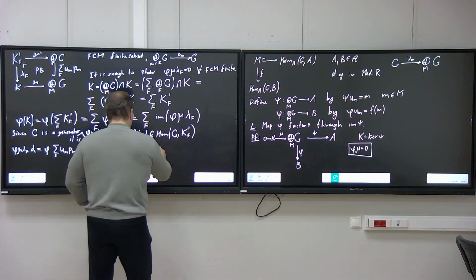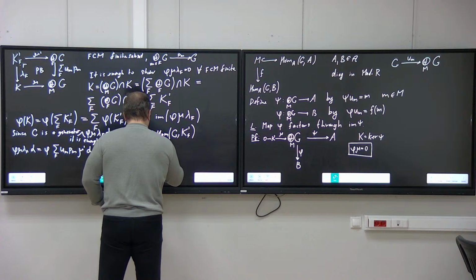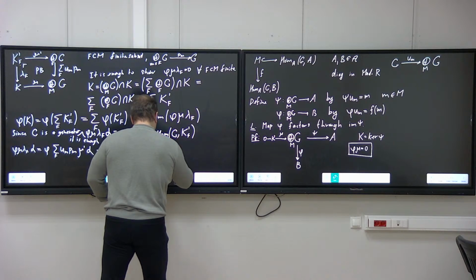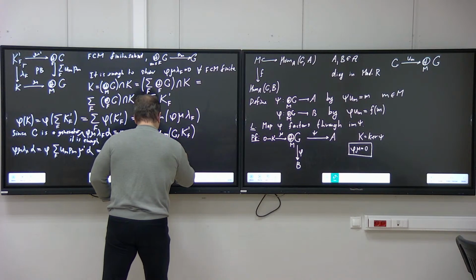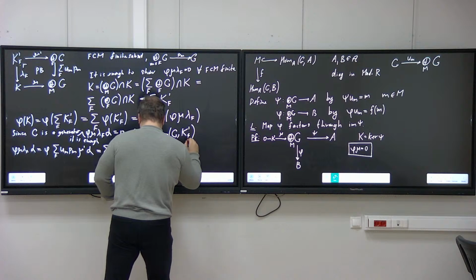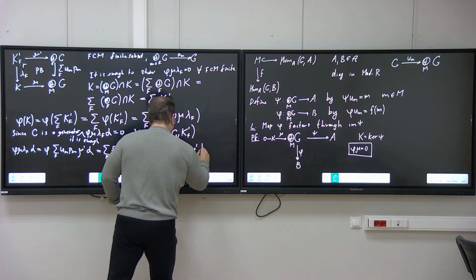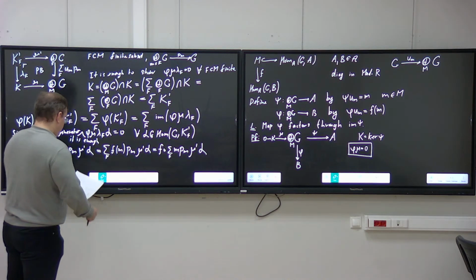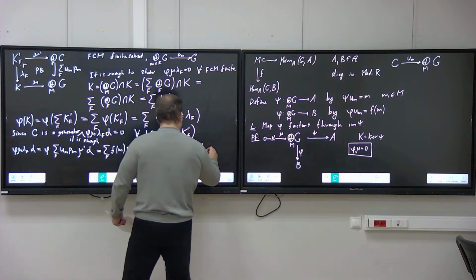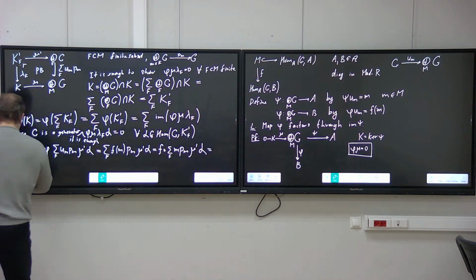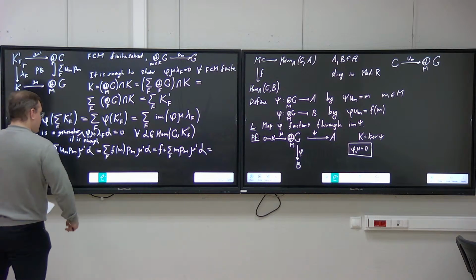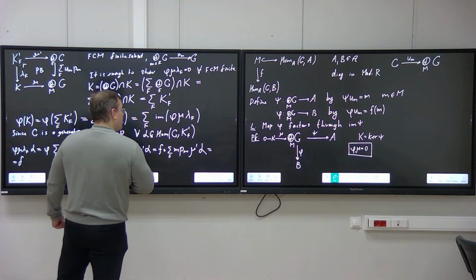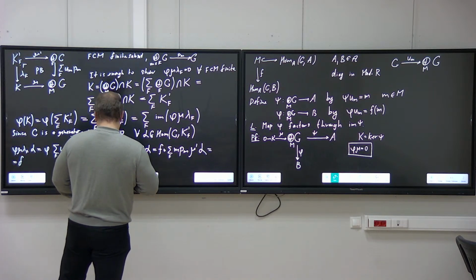And also, I can write this as the composition of f with the sum over F of m b m mu prime alpha. That will of course be the same thing. But now in this formula, I can keep the f and look at the sum.